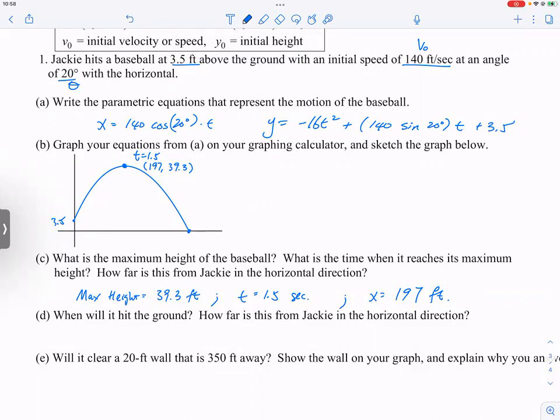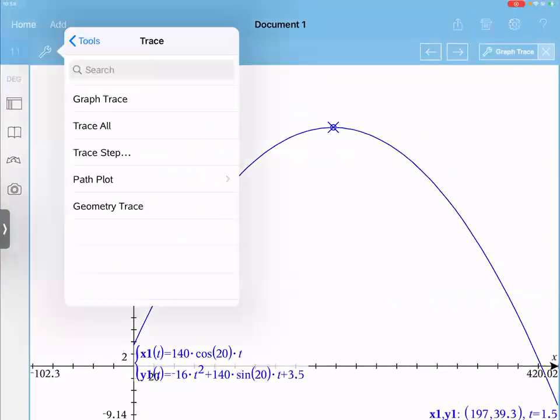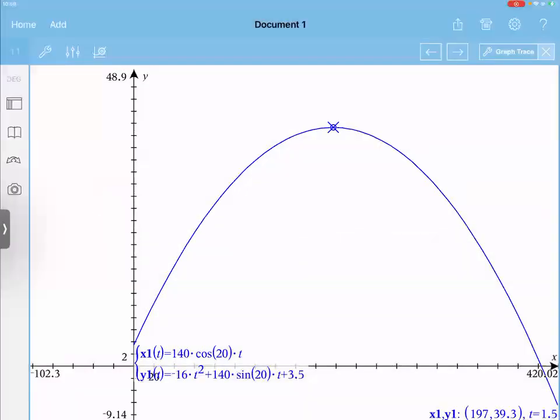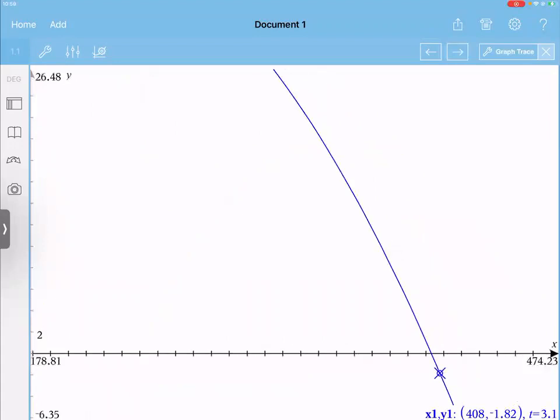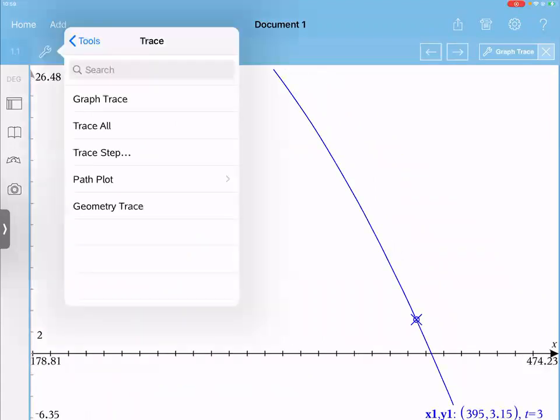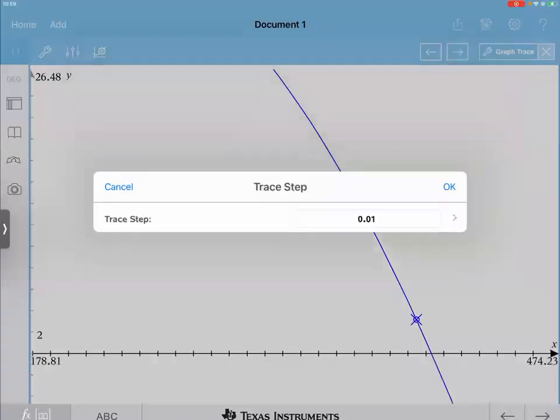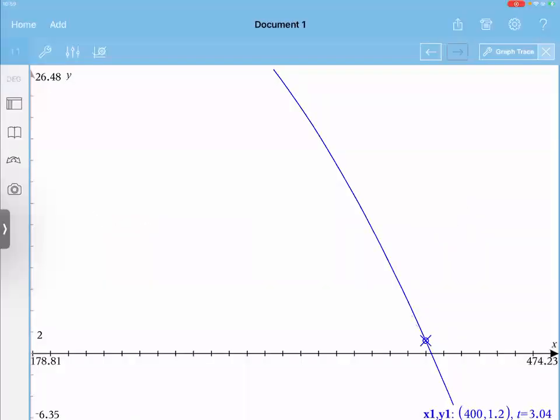And when would it hit the ground? We will have to trace again. So again, we will want to have a bigger step size so that we can trace faster. All right, so somewhere close to here. And then adjusting the step size to 0.01. All right, so this is the closest I can get.